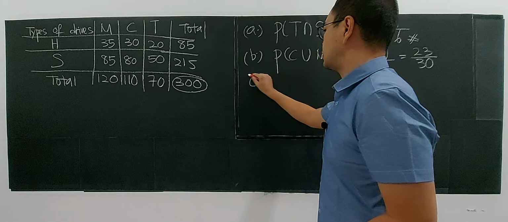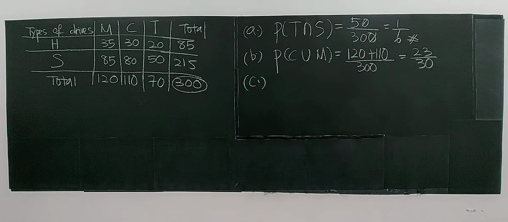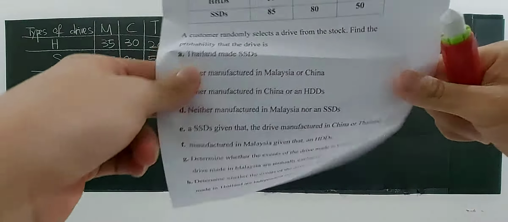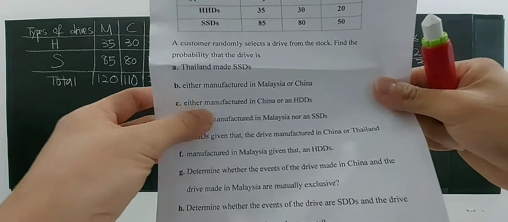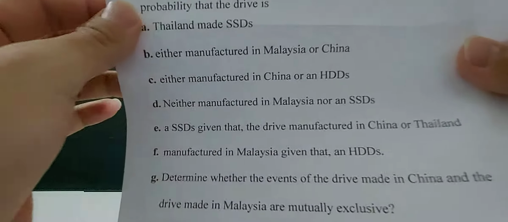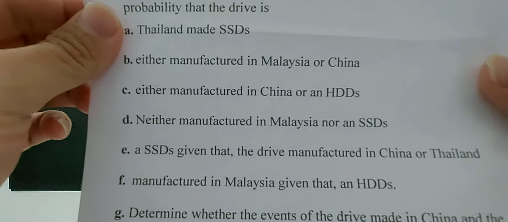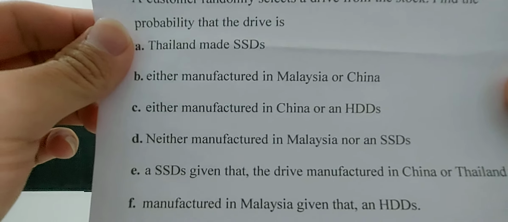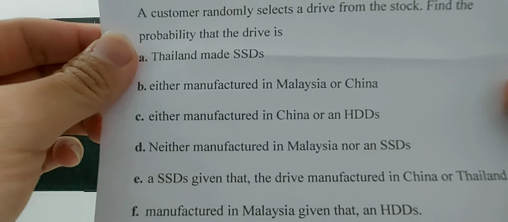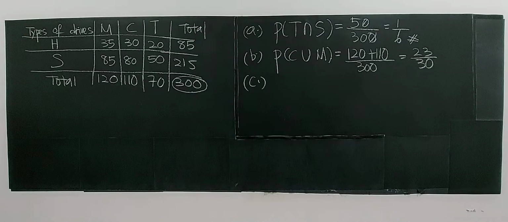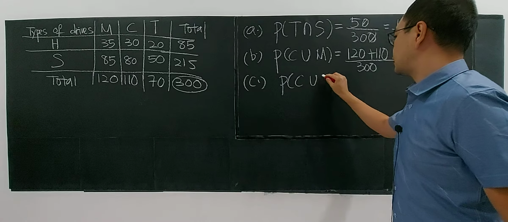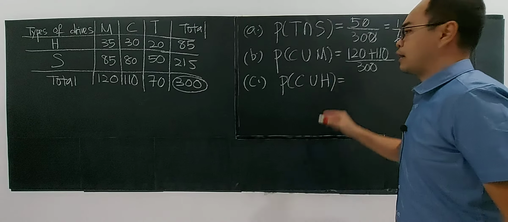Look at question C. We have either manufactured in China or an HDD hard disk drive. So either it is made in China or it is a hard disk drive.